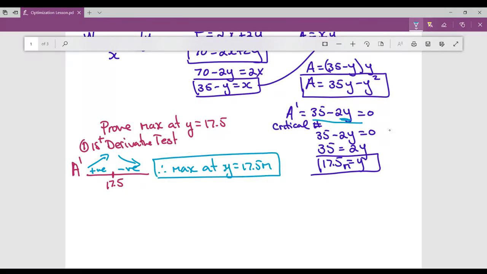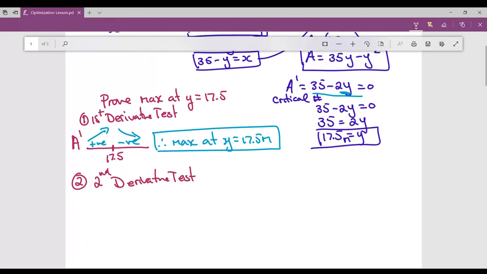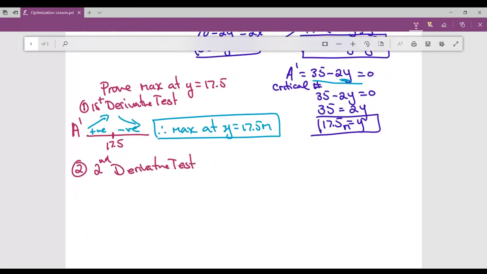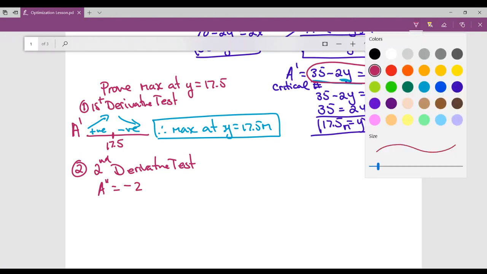The second way to do this is to use the second derivative test. Now, you don't usually use this unless it's a really easy thing to find a second derivative. So, second derivative: the derivative of this, the 35 goes away, the y goes away, we're left with negative 2. If the second derivative is negative, what does that tell you?